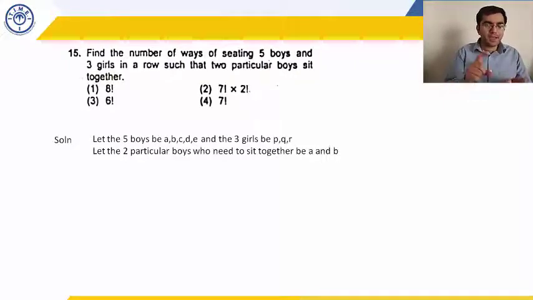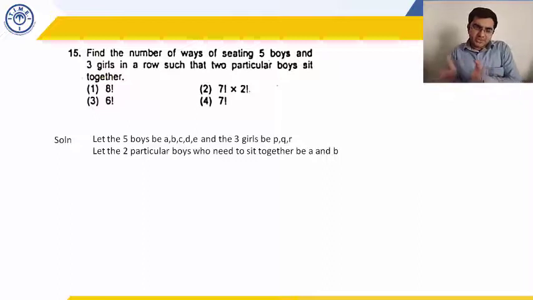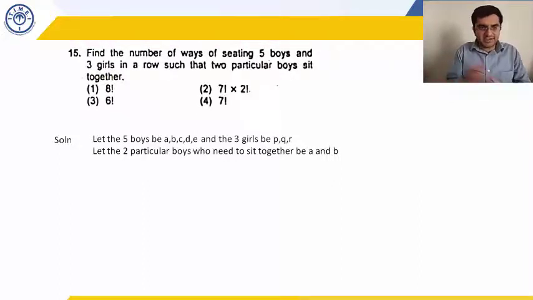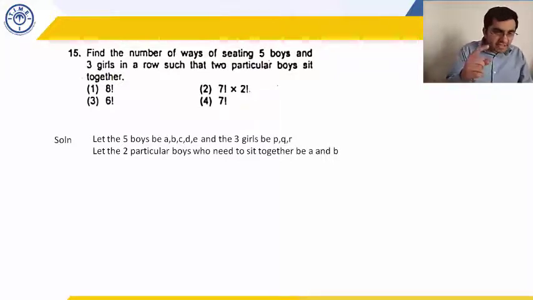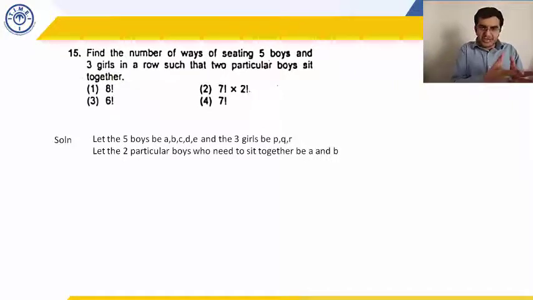Case closed. Now you are left with 3 boys and 3 girls, total 6 units or entities, and then this group of A and B. So now you have a total of 7 entities. These 7 can be arranged in 7 factorial ways. Yes, so you get 7 factorial possible arrangements where the group consists of A, comma B.